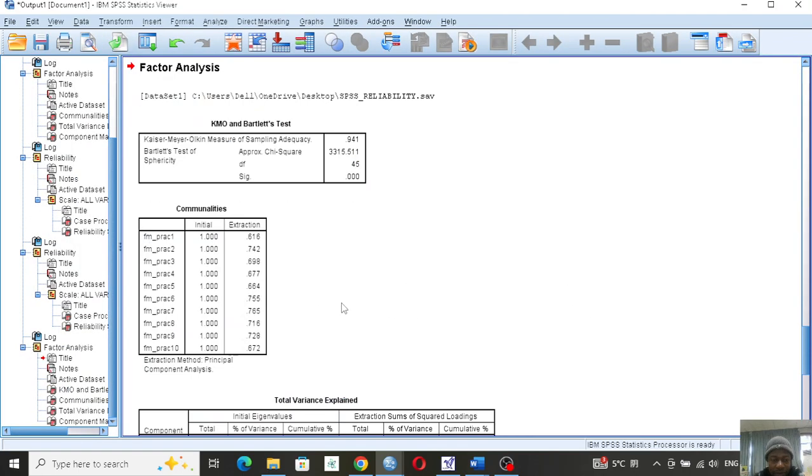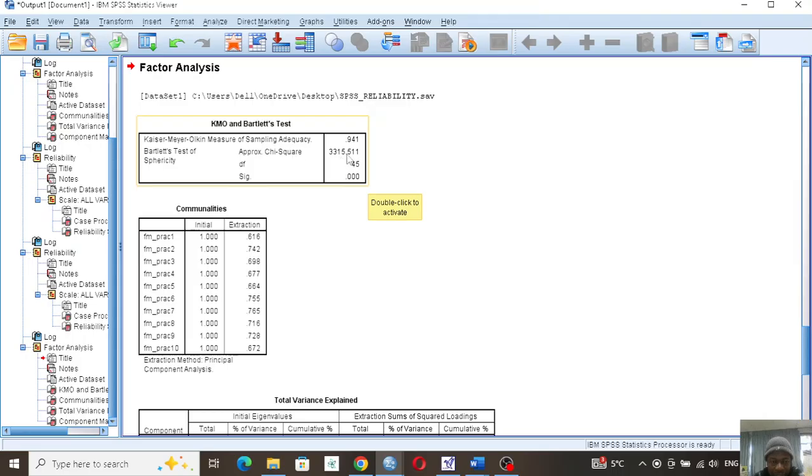And then we have our results here. Now our KMO value is 0.941. The KMO simply means Kaiser-Meyer-Olkin. That is what they shorten as KMO. We also have a chi-square value.